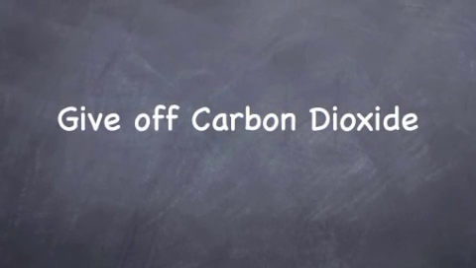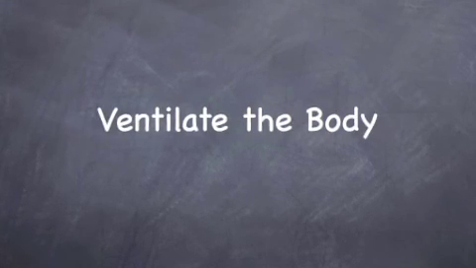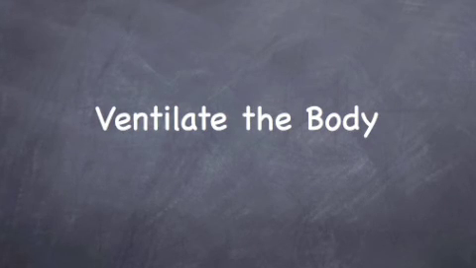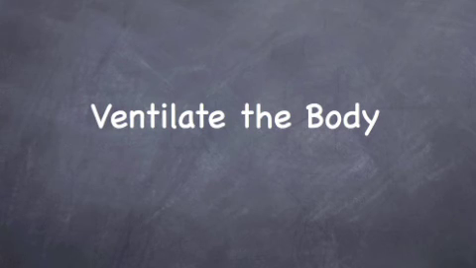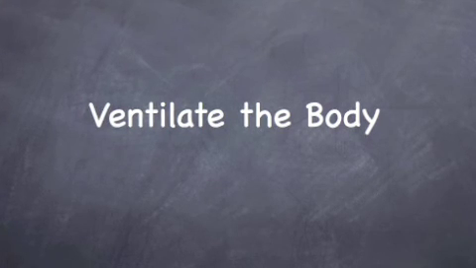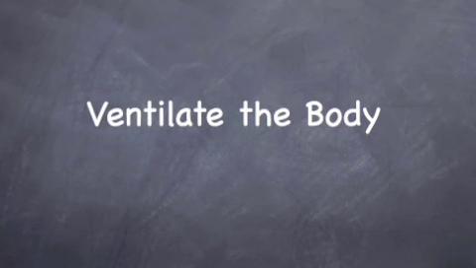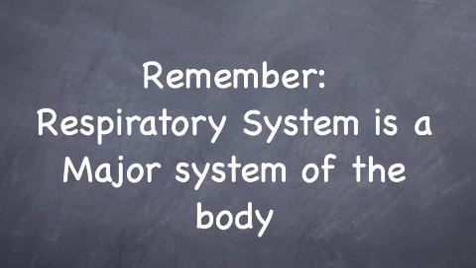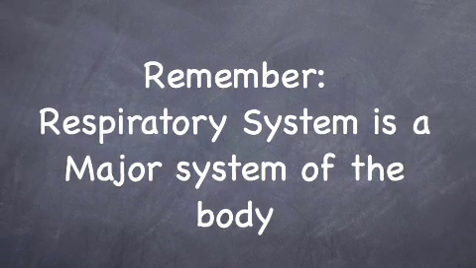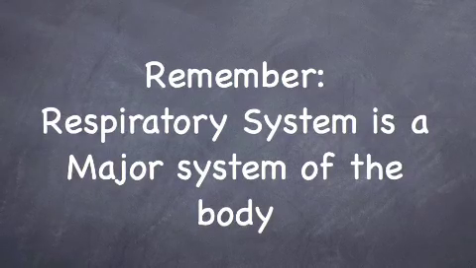The other thing is that they ventilate the body, which means they get oxygen to all areas of the body. That's important for cell metabolism, for tissue growth, and so forth. And remember also that if something is not functioning correctly, it's going to alter not just this system, but it will become systemic.